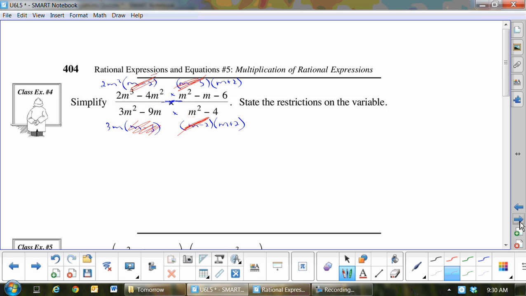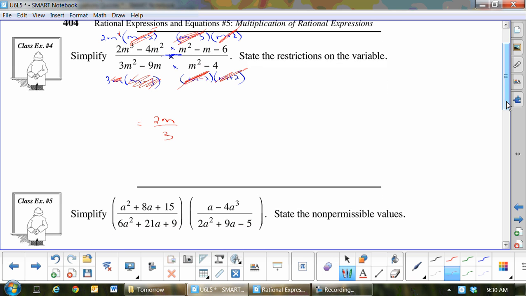I have an m plus 2 here, and here. Now, the 2/3 I can't do anything with, but I got an m squared up top and an m on the bottom, right? So I will cancel this and put a 1 there. So there is no math to do after this. It's 2m over 3.